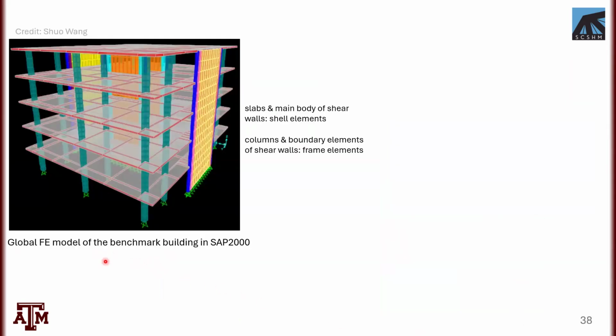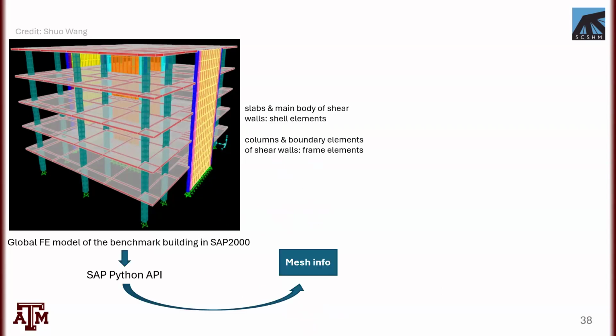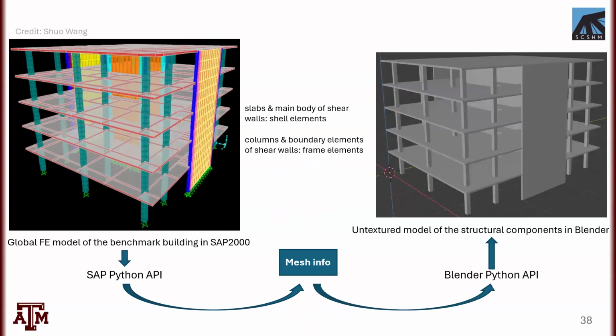We also, in parallel, developed our global finite element model in SAP 2000. So here we have slab and shear wall elements being built out of shell elements. We have columns and shear wall edge elements being built out of frame elements. And then information from SAP's Python API is used to update the Blender Python API.